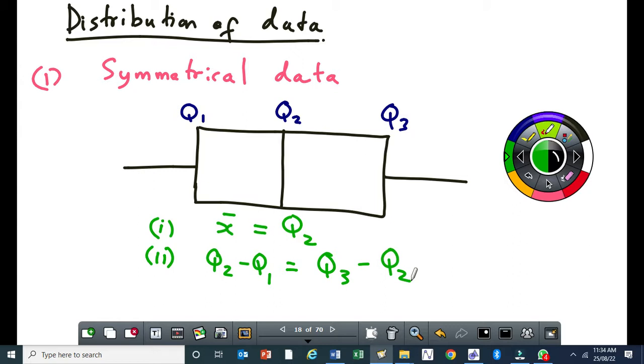Then you can say the data set is symmetrical. But of course, the whiskers can also have an impact in terms of the minimum and the maximum. But generally, that's the scenario. Normally we consider number one, but number two as well, we can also use.